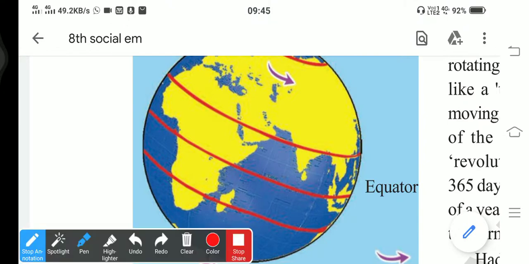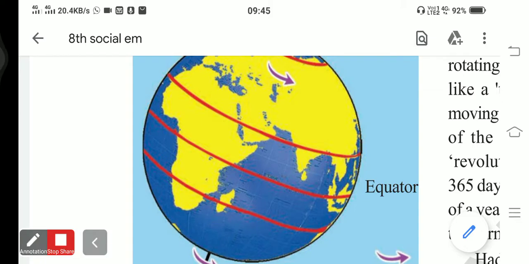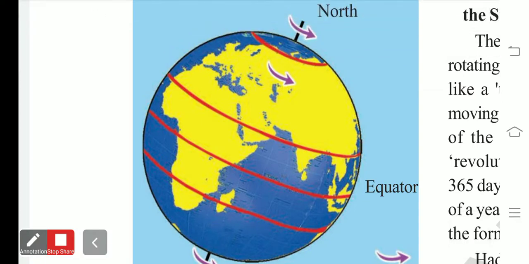How is the shape of the earth? It is spherical. This spherical shape of the earth causes the heat to distribute on the earth's surface differently, right?